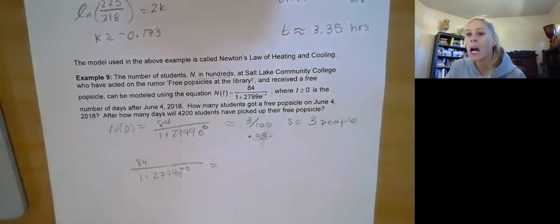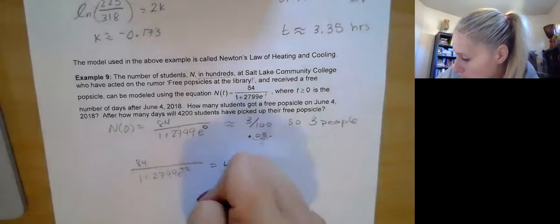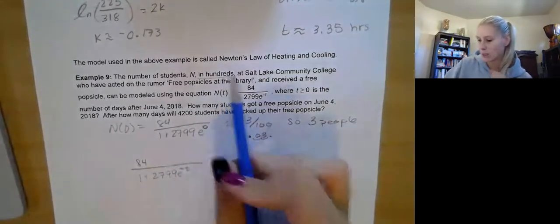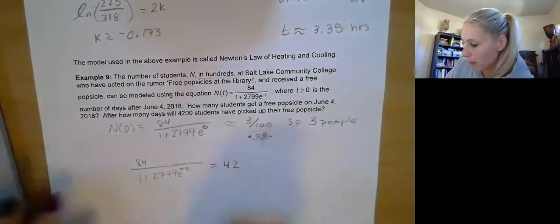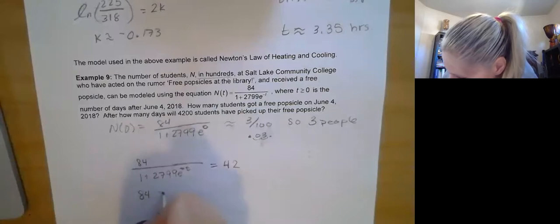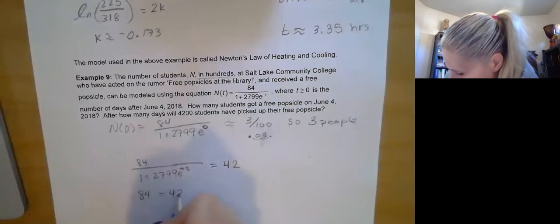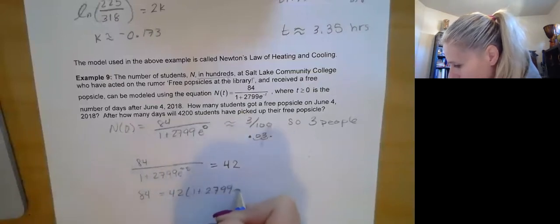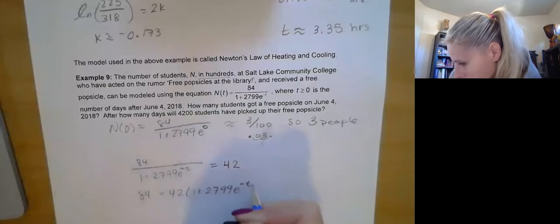So how many hundreds are in 4,200? 42 are. Okay, so you only need to do 42 because it's in hundreds. Okay, let's do some math. I don't like the fractions, so let's get rid of it. 84 equals 42 times 1 plus 2,799 e to the negative t.